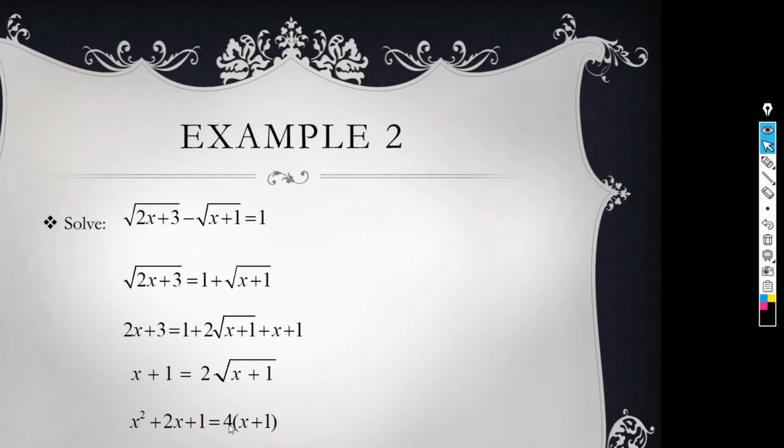So here what I do is I'll multiply here by 4. This will be 4 times x. It'll give me 4x. 4 times 1 will be 4. The 4x comes over. That'll give me minus 4x, and a 2x is minus 2x. And then the 4 comes over, makes it a minus 4, and 1 is minus 3. So if I do that, then this quadratic becomes this. Okay, I want one side 0. So then I look at this.